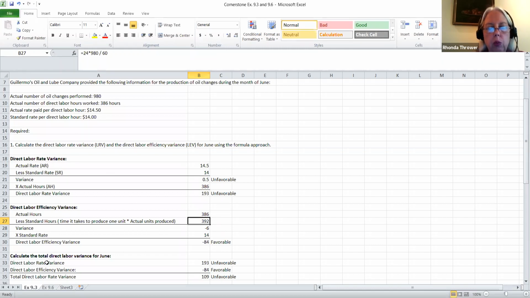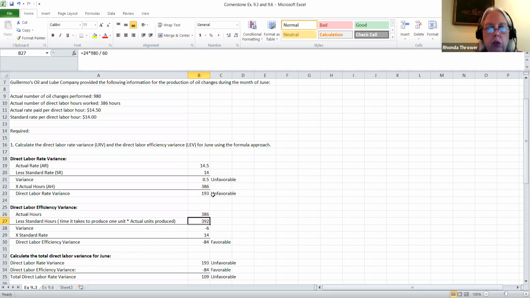In the next part, they want you to calculate the total direct labor variance for June. So what we're going to do is pick up our direct labor rate variance and combine it with our direct labor efficiency variance. This sometimes is called the time variance, instead of efficiency is the word there.